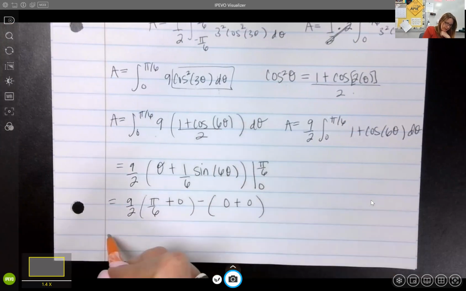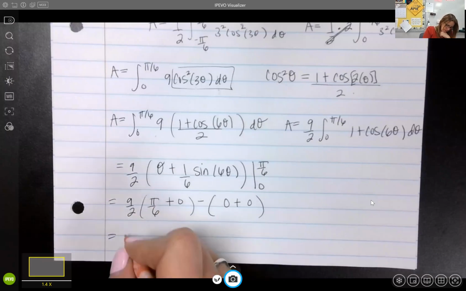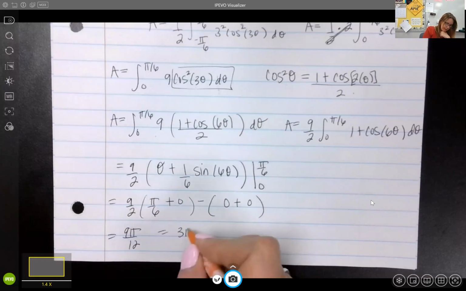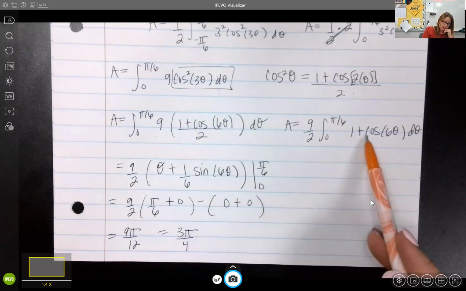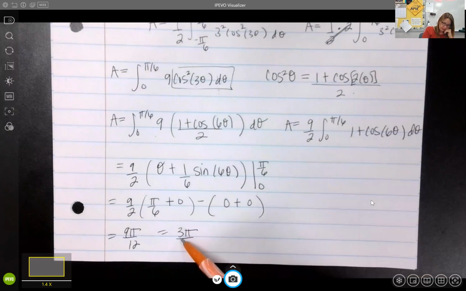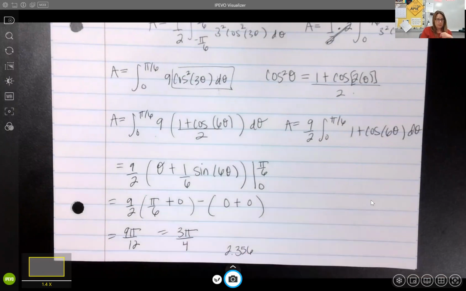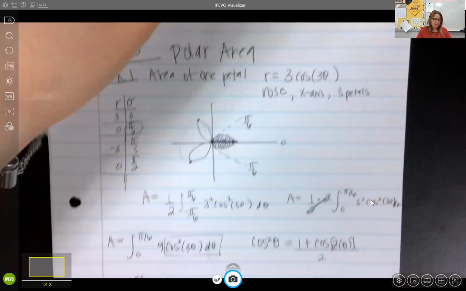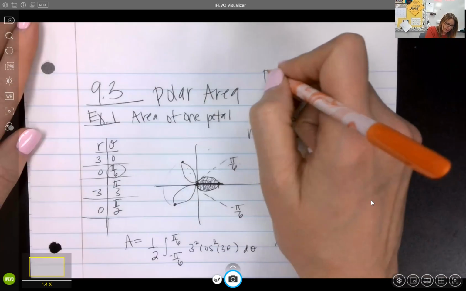So our answer is going to be 9 pi over 12, which is 3 pi over 4. Okay, and you could check that by plugging that in your calculator, and you'll see that it does give you the same answer, which is 2.356.